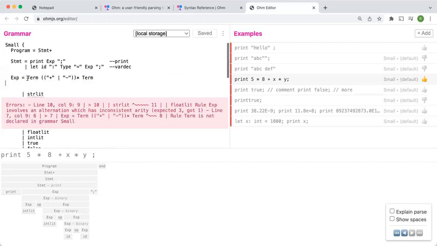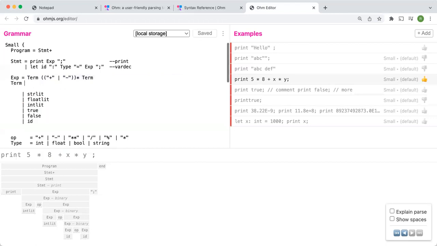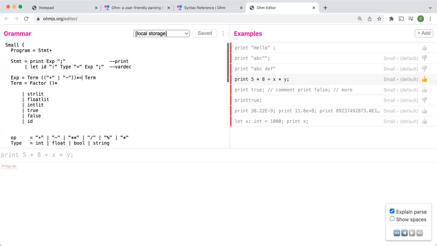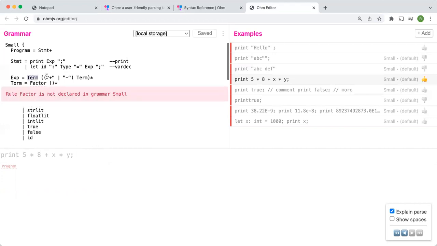An expression is one or more terms separated by pluses and minuses. And a term can be one or more factors that are multiplied together. I've really made a mess out of this thing here. Let me fix it up. It needs to be like this. So a term followed by plus term, minus term, plus term, minus term.